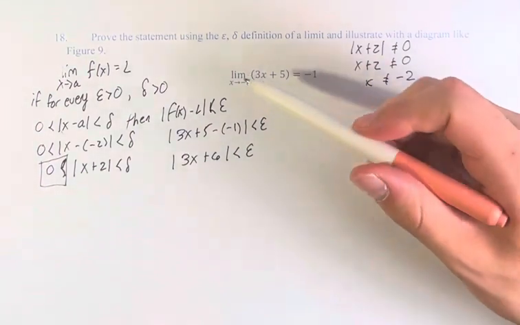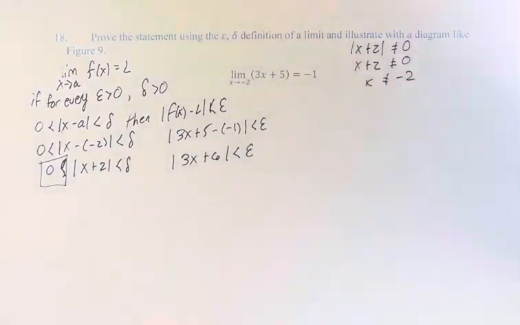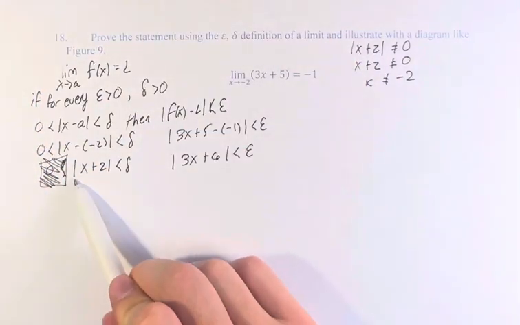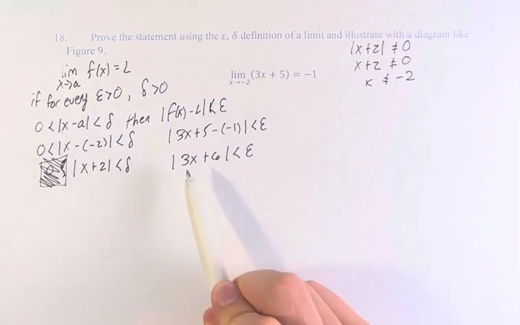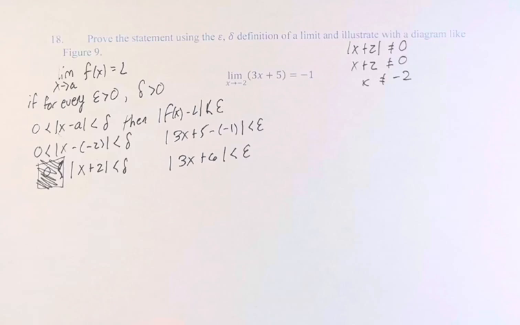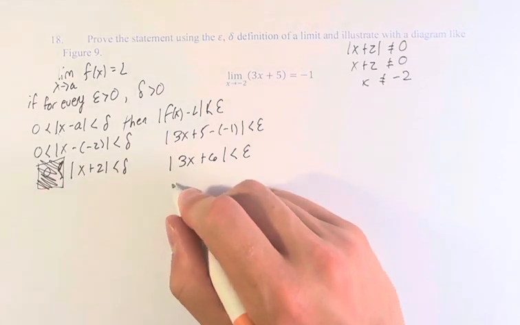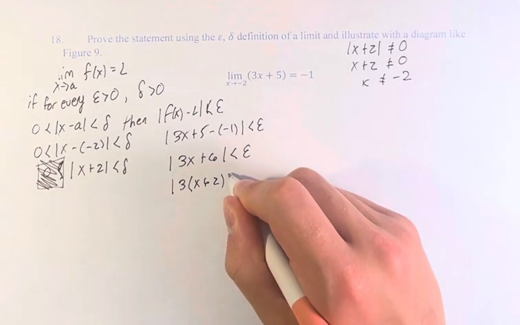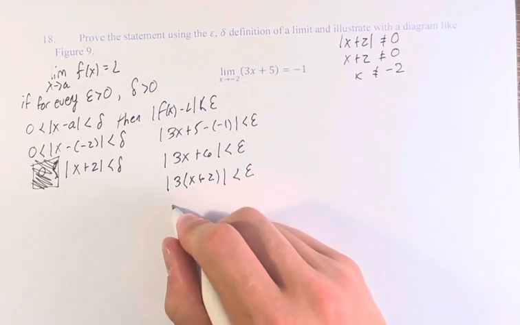However, since we're looking at the limit as x approaches -2 and not what's actually happening at -2, we can basically just ignore this, and we have the absolute value of x plus 2 is less than delta, and the absolute value of 3x plus 6 is less than epsilon. So now we need to get a relationship between delta and epsilon. If we say this is equal to 3 times x plus 2, factoring out a 3, this is less than epsilon.